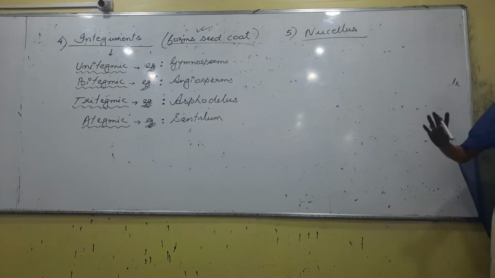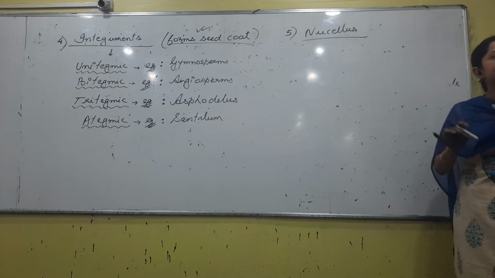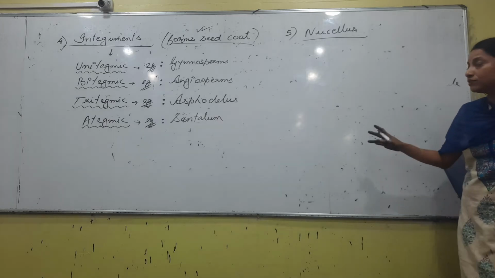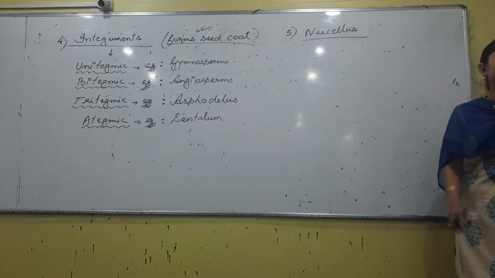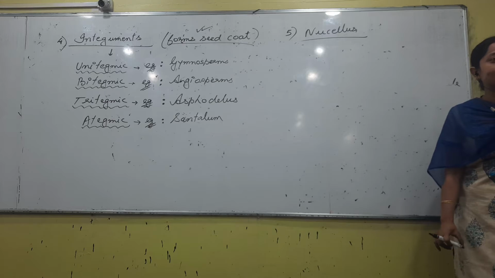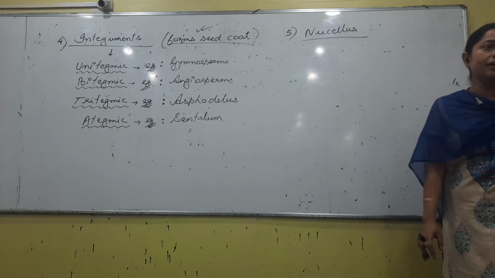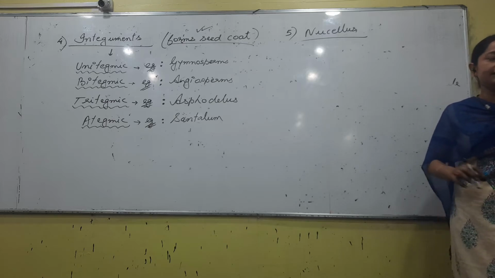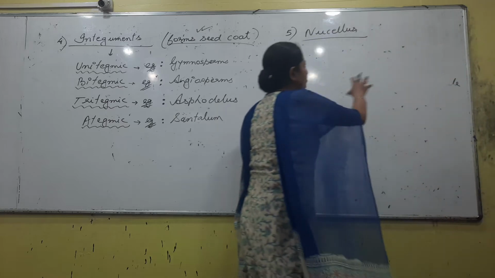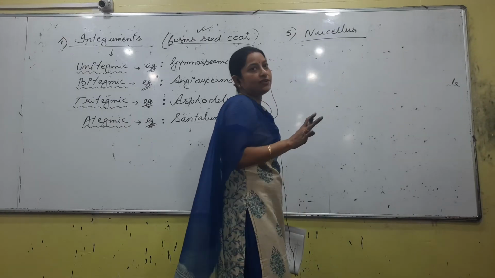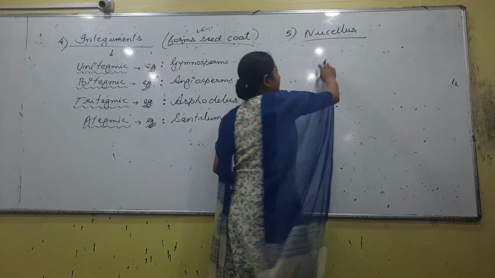As far as the nucellus is concerned, we understand what is nucellus and what is the function. But here we have to discuss, have you heard the words crassinucellate and tenuinucellate condition? Okay, I'll write it down. So what is nucellus, what is the function of the nucellus, we will not write, because we know about it, right?